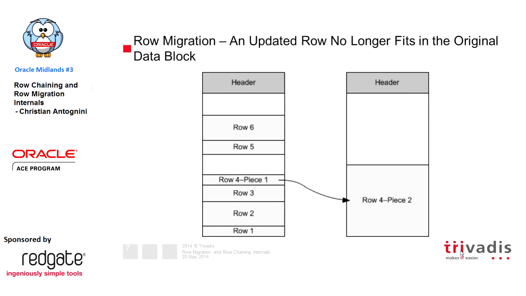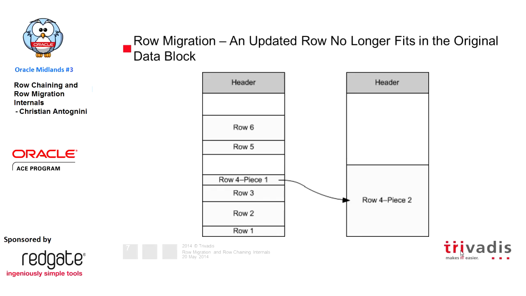After the update it needs so much space that there is not enough space to store it inside the block. What they do is split the row in two, and they call each part a piece. So this is piece 1 and piece 2, and part of the information is stored here, and part of the information is stored here.